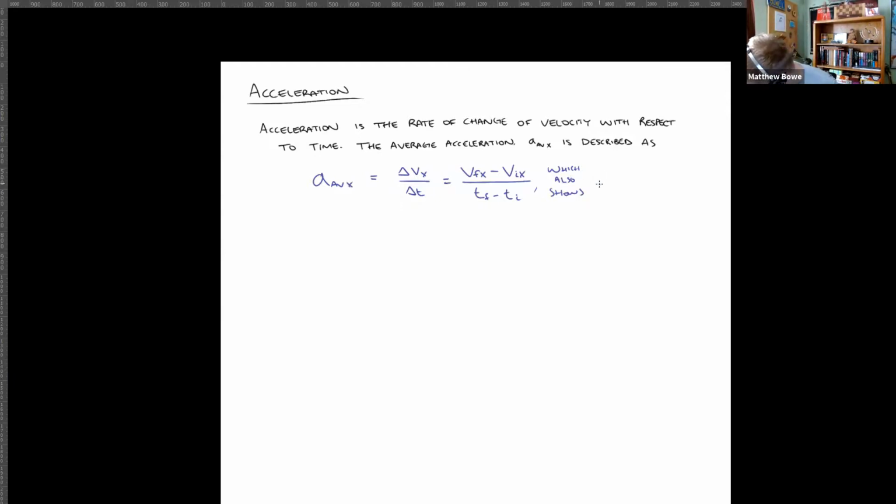So this also shows the change in velocity is equal to the average acceleration times the change in time.